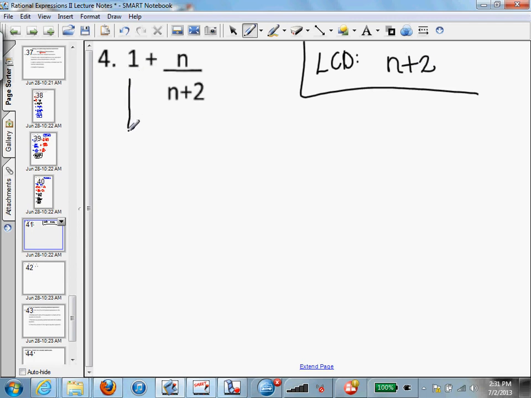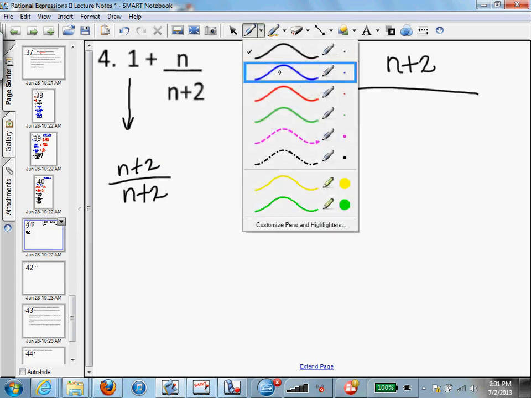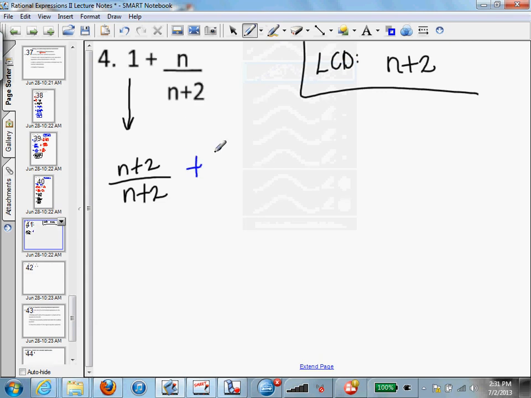And to convert that, we want to make the 1 to be n plus 2 on the bottom, and to make that fraction reduced to 1, we just write the same thing on top. So we have 1 becoming the fraction of n plus 2 over n plus 2. And then just simply drag down our n plus 2 on top.